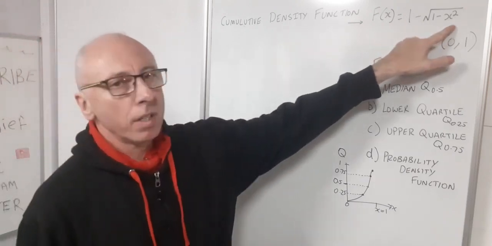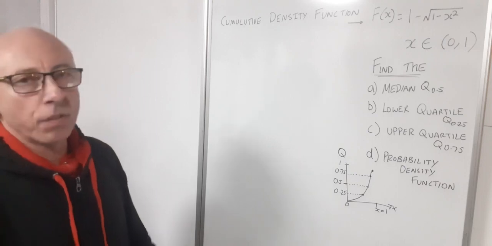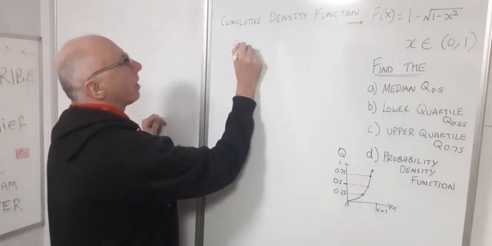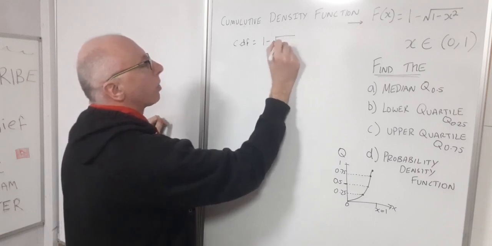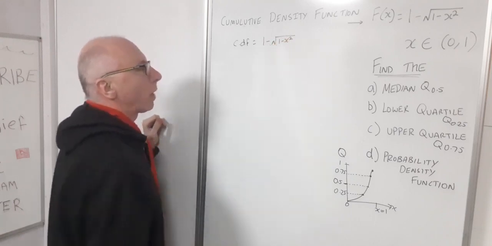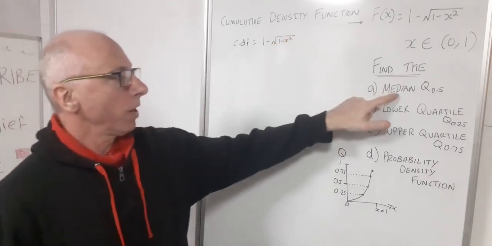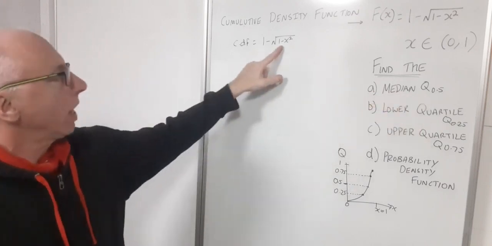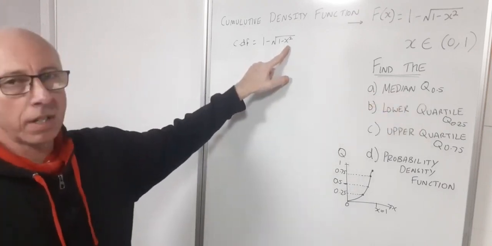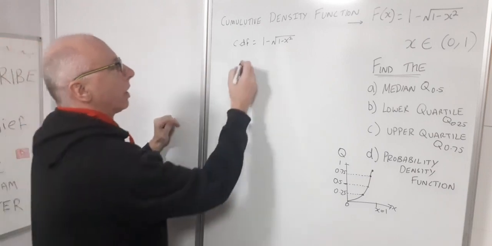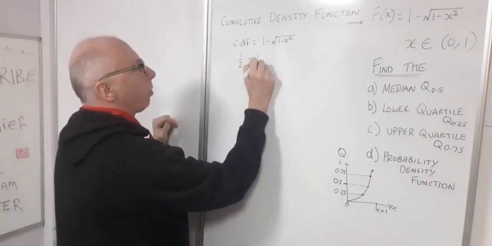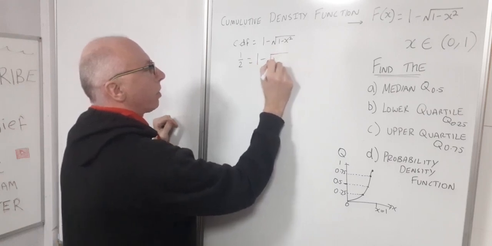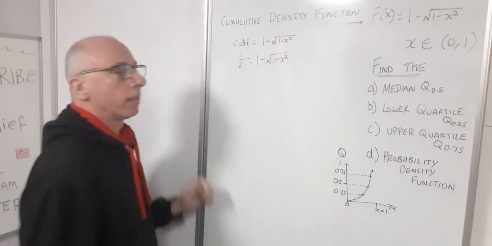As we're given our cumulative density function, our CDF equals 1 minus square root of 1 minus x squared. If we want to find our median, we just set this cumulative density function to a half. So we've got 1/2 equals 1 minus square root of 1 minus x squared.